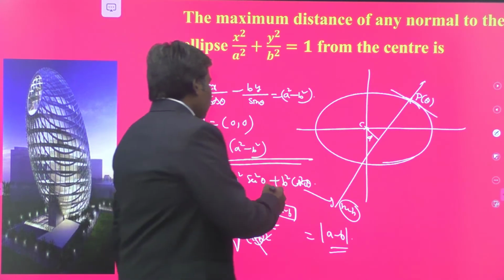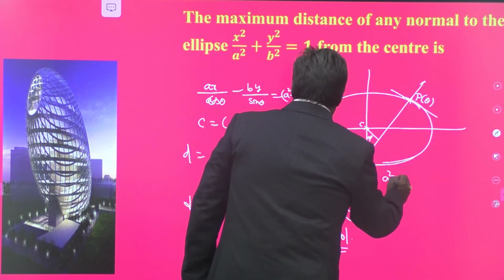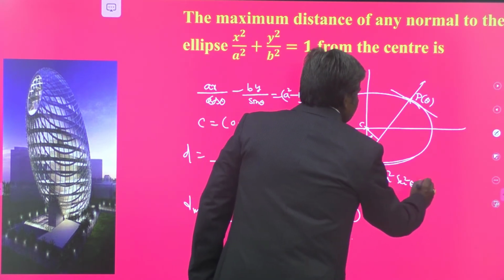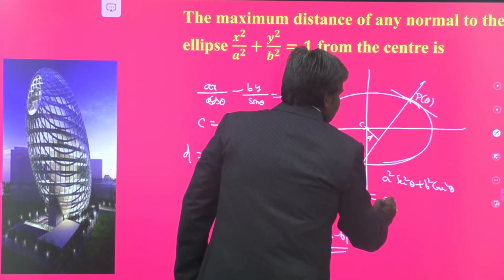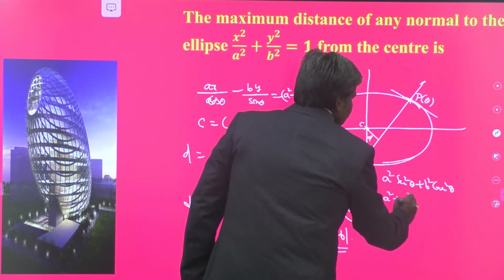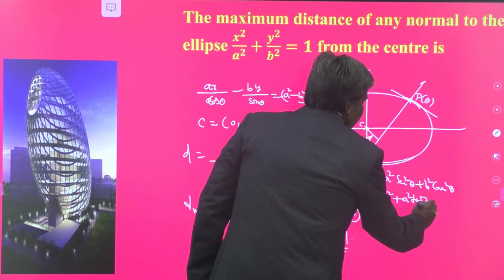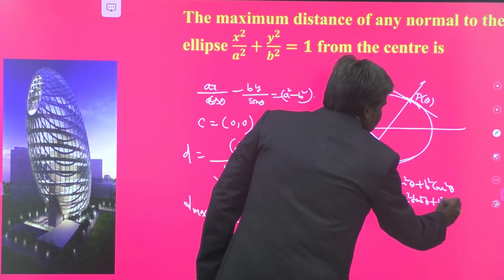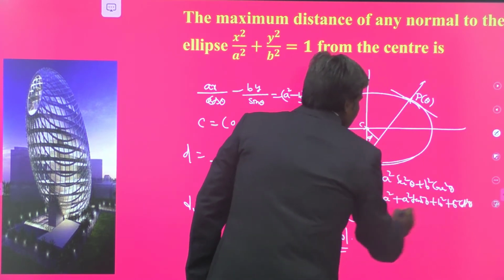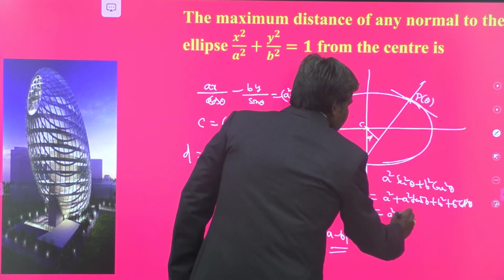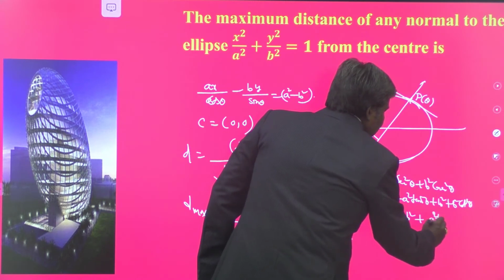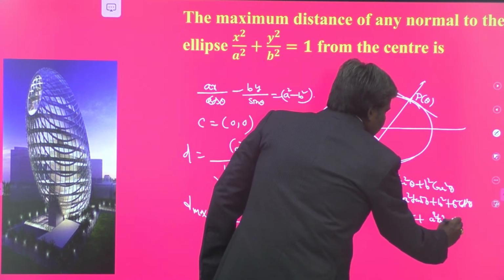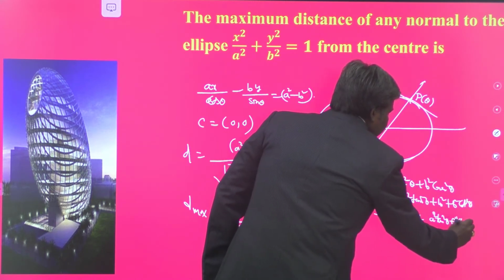How? Consider a square secant square theta plus b square cosecant square theta. This is nothing but a square plus a square tan square theta plus b square cot square theta. Now a square plus b square plus a square tan square theta plus b square cot square theta is there.